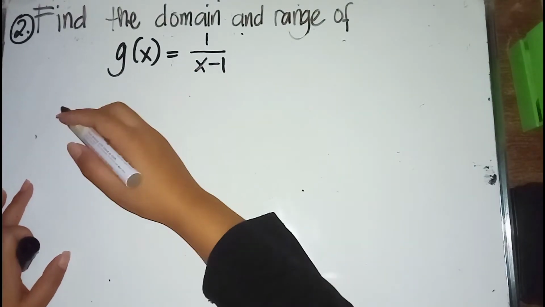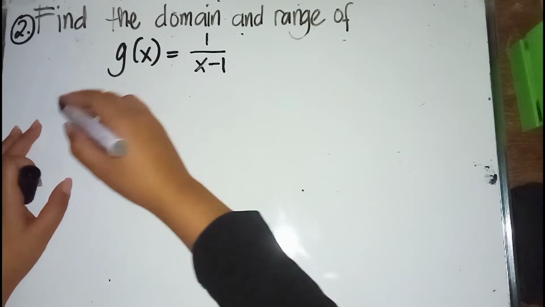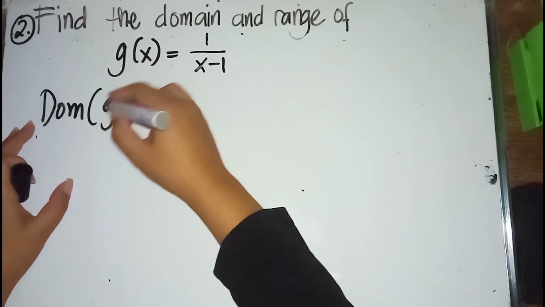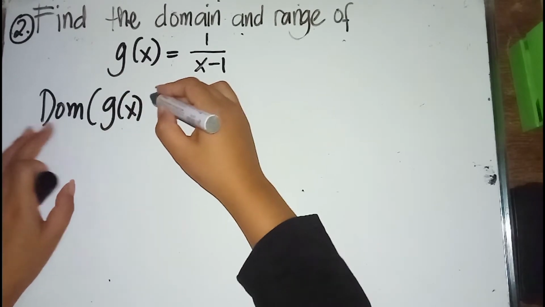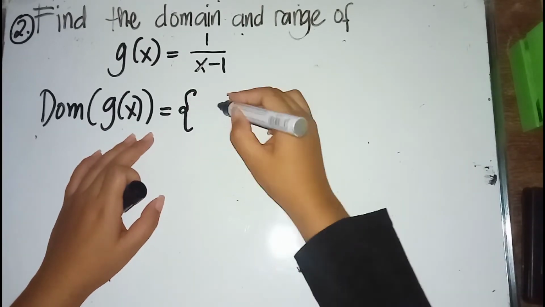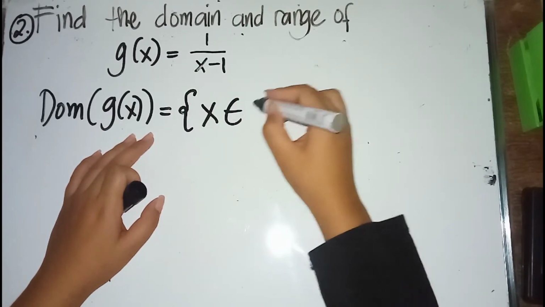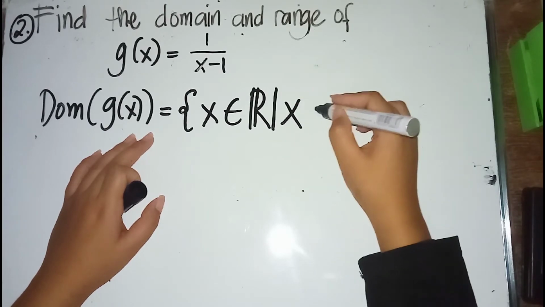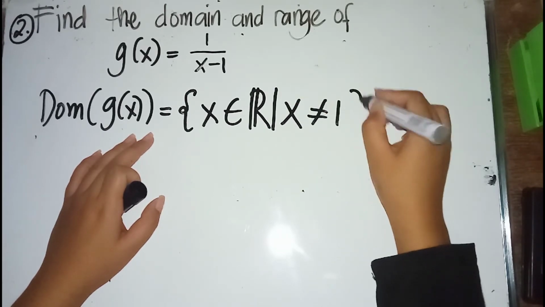Okay, so we use the set builder notation. Domain of g of x is equal to a set of all x that are a member of all real numbers such that x must not equal 1.